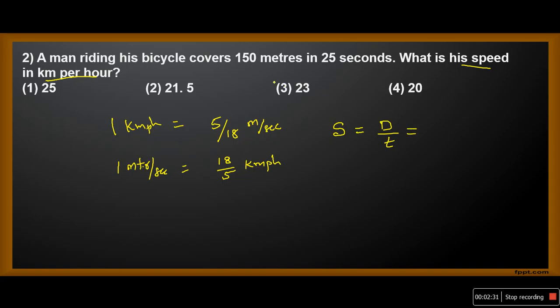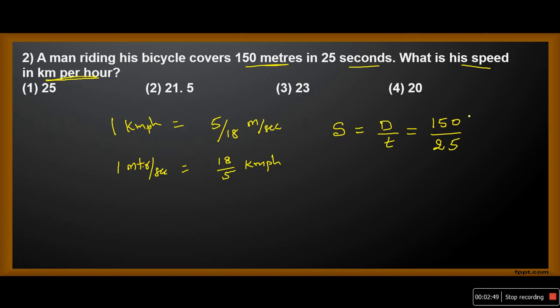So here the distance is given in meters, so 150, and the time is given in seconds, 25. This will get in meter per second because here the units is meters and seconds, but the question is asking us to find in kilometer per hour.